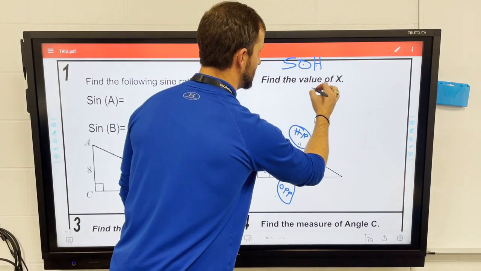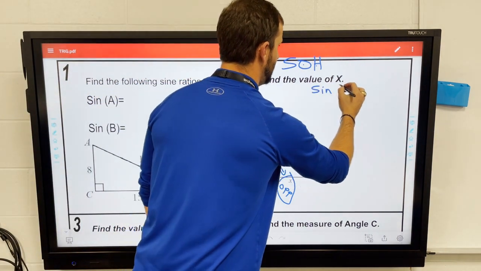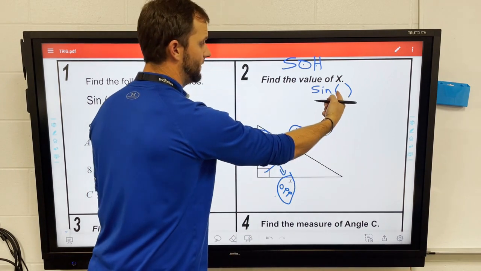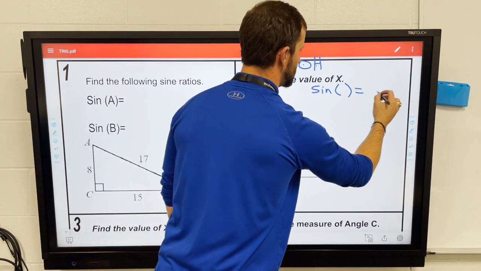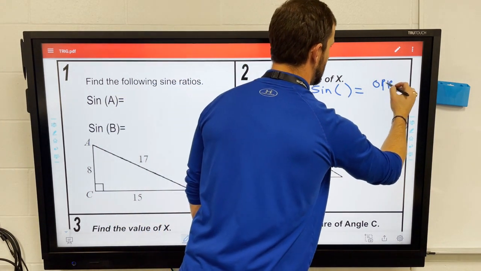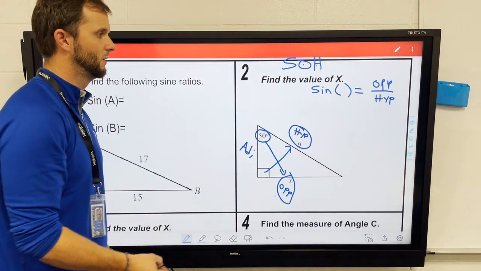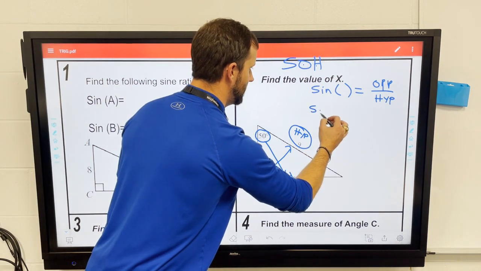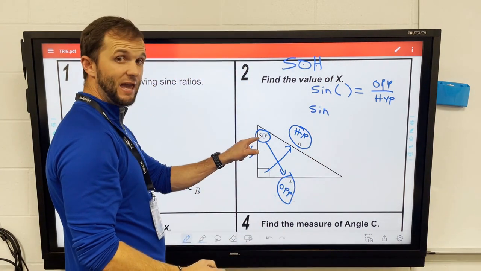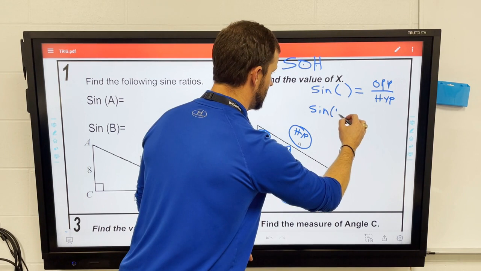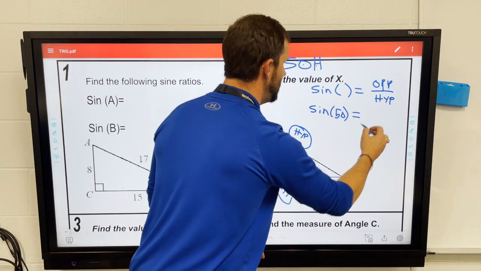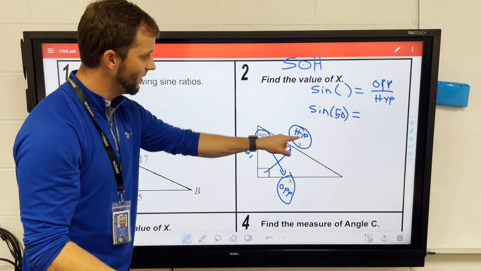You are going to do the sine of the angle, which goes in the parentheses, equal to opposite over hypotenuse. Okay, so here we go. So how I'm going to write this out. So I'm going to write sine. My angle they gave me is 50, is going to be equal to opposite over hypotenuse.